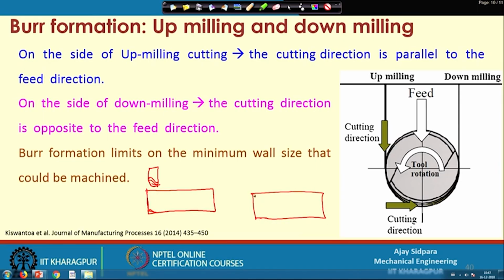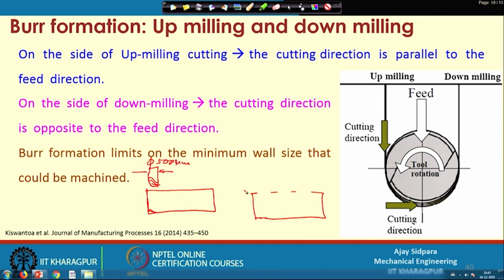Let us see that we want to cut, whatever is this diameter, let us consider it is 500 micron.